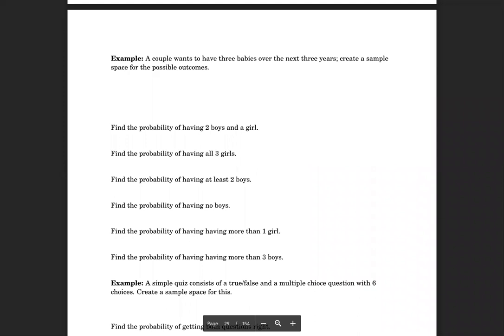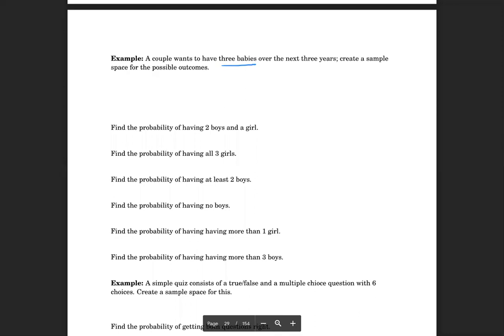All right, let's do this example. A couple wants to have 3 babies over the next 3 years. Create a sample space for the possible outcomes. Couple wants to have 3 babies over the next 3 years, and you need to create a sample space for these possibilities.